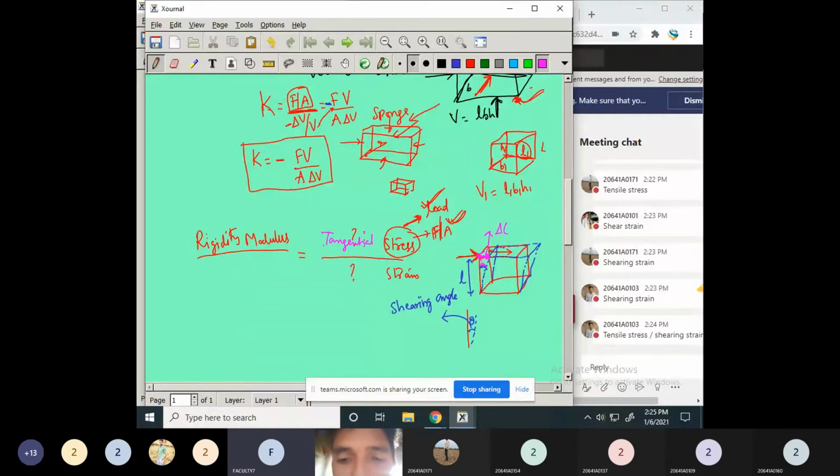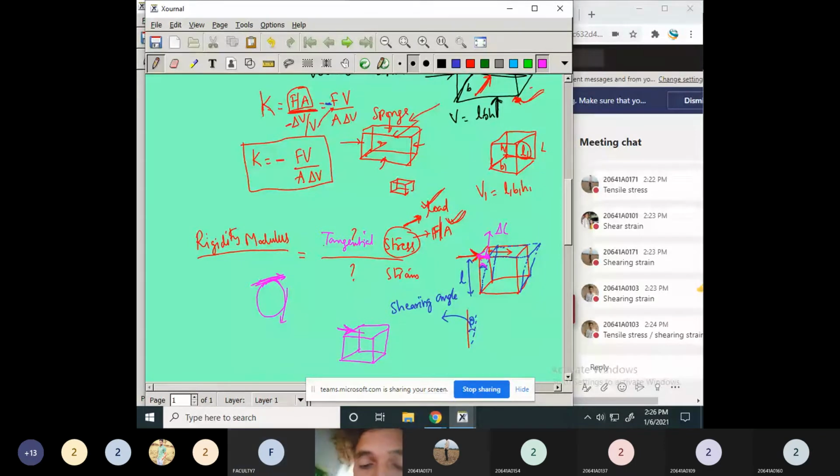Now what does tangent actually mean? If you take a circle, a tangent can be drawn touching a particular point on the surface. You are not going inside, it is just touching the surface. Similarly here, if you have the material like this, you are not applying the force going inside, but you are applying the force on the top.